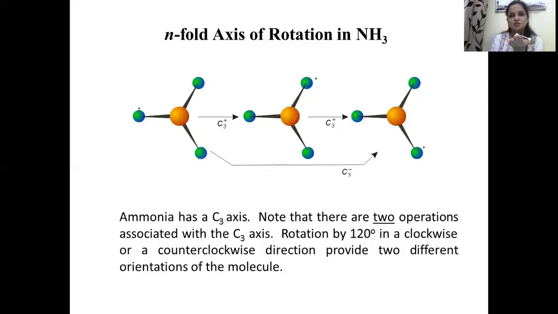How C3? 360 degrees divided by 120 degrees, n is equal to 3.